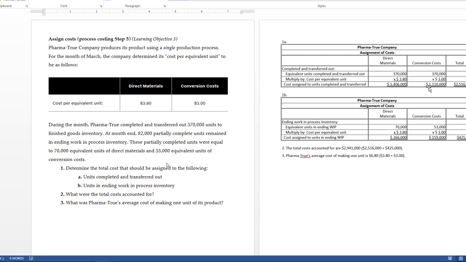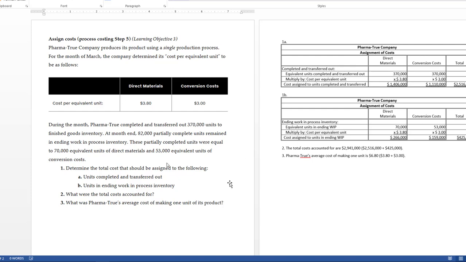So that comes to $1,110,000. Add those up, and our total cost assigned to those completed and transferred units was $2,516,000.